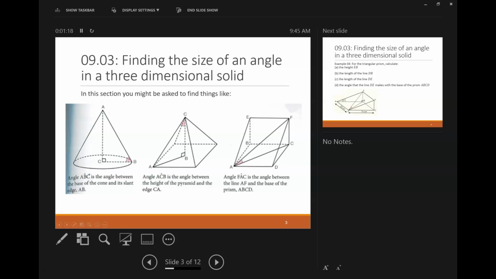So for example, if I want this angle ABC, this angle B is really with the side AB and the base of this cone. Everybody okay there? So these are examples of calculation triangles I might draw in order to find a given angle measure.